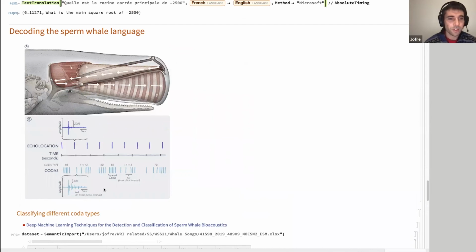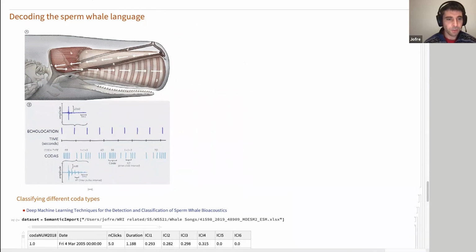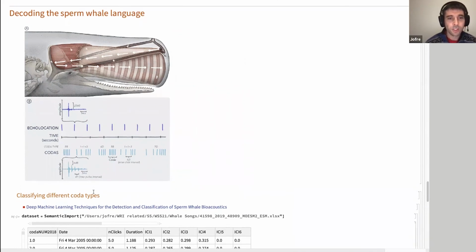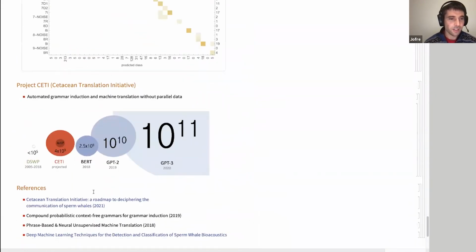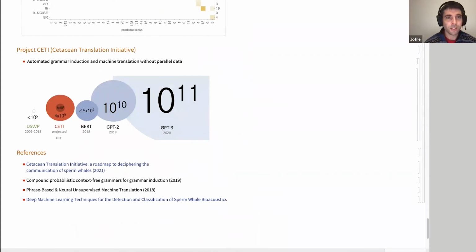So a good point would be to be able to separate individuals in a community. But I guess that this will come in the coming years, since they just started the CETI project, I think last year or so. I will keep an eye out if they release more data on sperm whale codas.